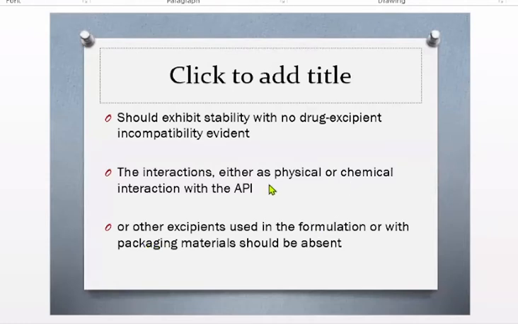Mostly you can't avoid the physical interaction. But if the physical interaction is not resulting in any detrimental effects, then that is fine. There are even certain physical interactions in which you can have beneficial interactions, but most often chemical interactions are detrimental. The interactions also with other excipients in the formulation or with packaging materials should be absent.